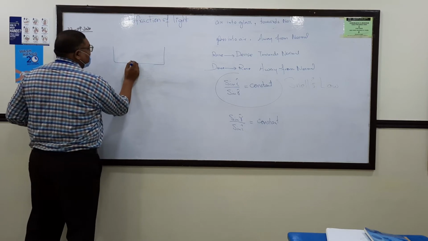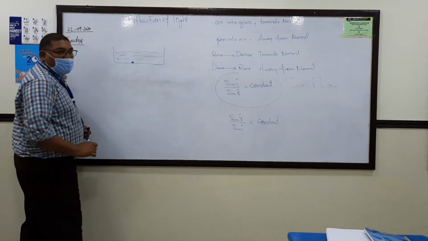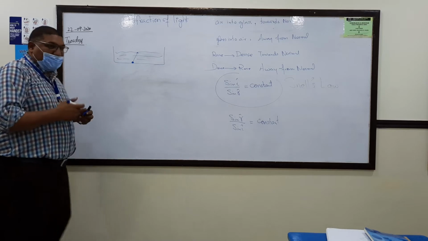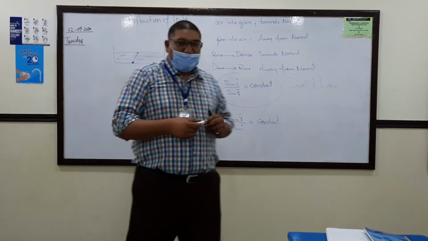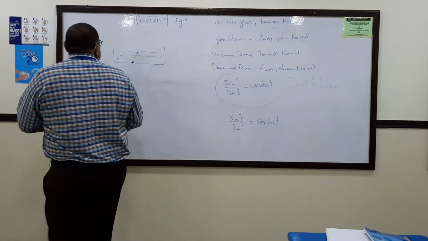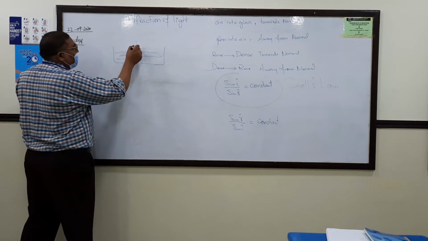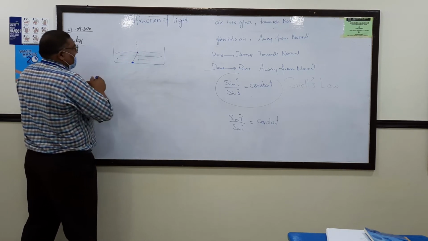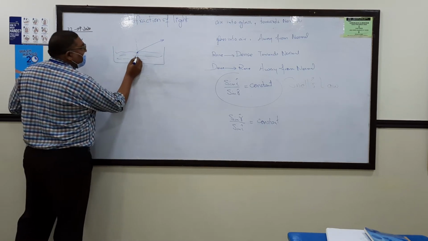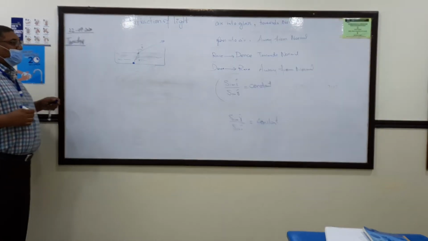Here I have an electric light at the bottom of the swimming pool, and the light is switched on. The light comes here, and here we have the normal. When the light comes out, it moves away from the normal. You see, this is the angle of incidence. This is the angle of refraction.